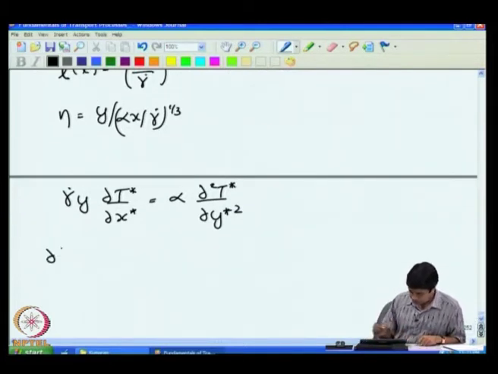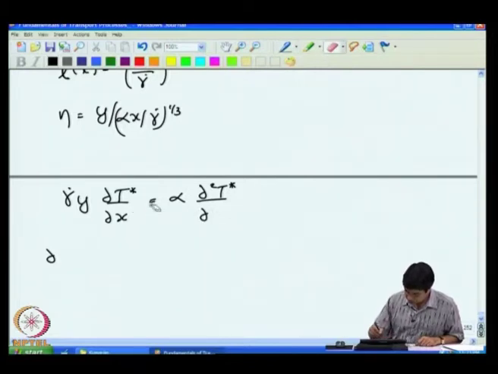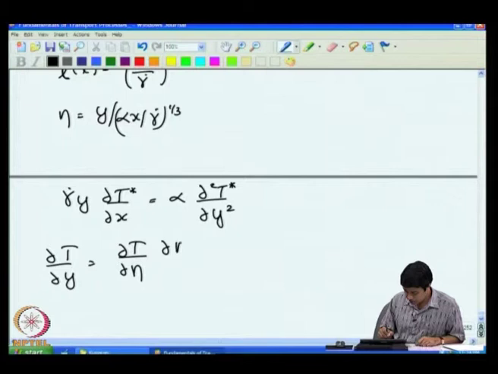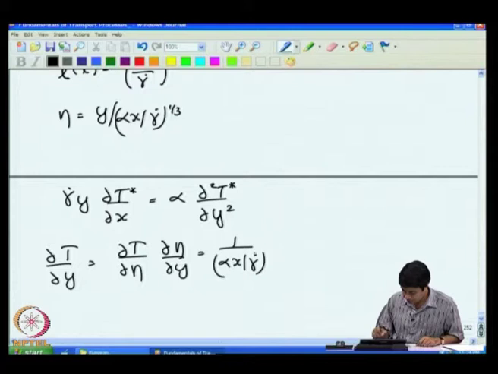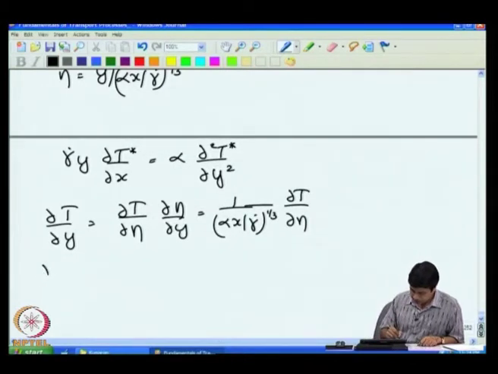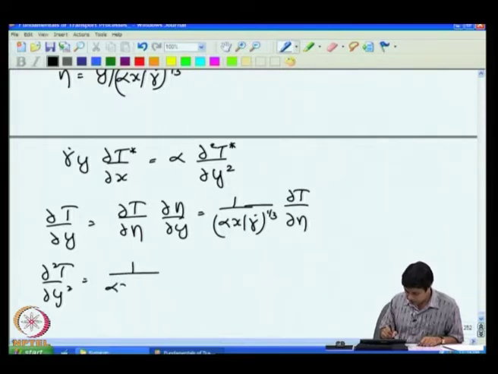So, I will get partial T by partial y is equal to partial T by partial eta times partial eta by partial y, which is equal to 1 over (alpha x by gamma dot) to the power 1/3 times partial T by partial eta. And d squared T by dy squared is in a similar manner 1 over (alpha x by gamma dot) to the power 2/3 times d squared T by d eta squared.